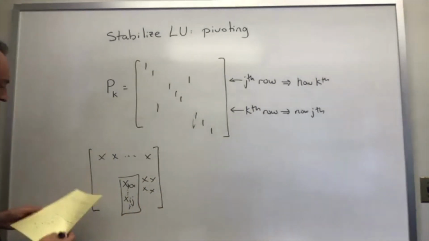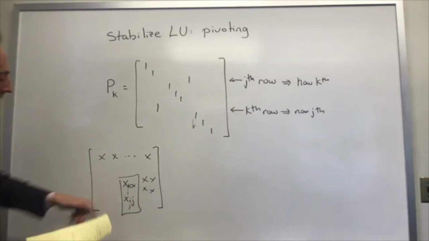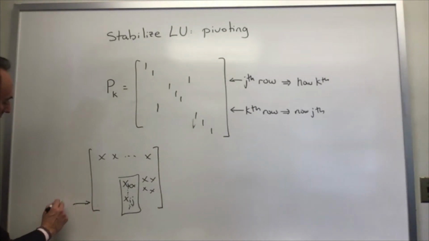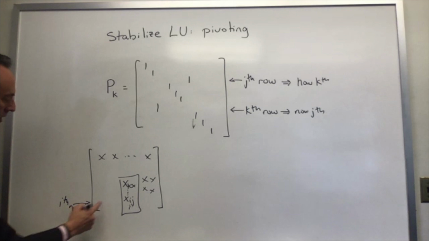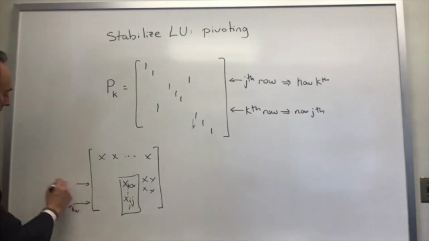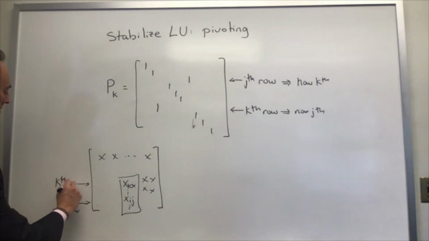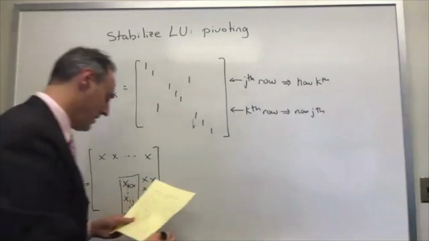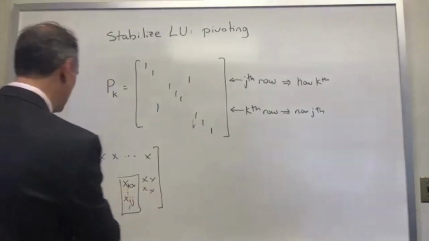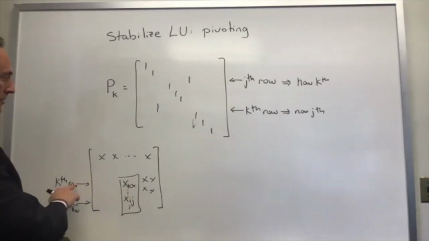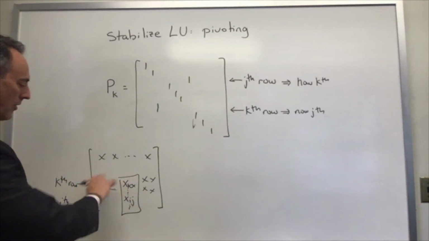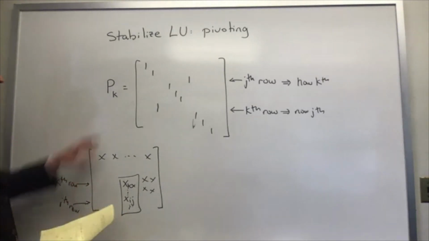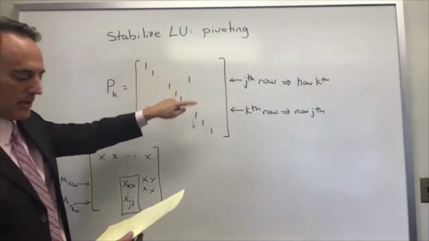If this is where the maximum is, this x of ij, in the ith row, and I want to switch it with the kth row, then to construct this P of K, I would put this kth row in the ith row, and the ith row in the kth row, exactly like this.